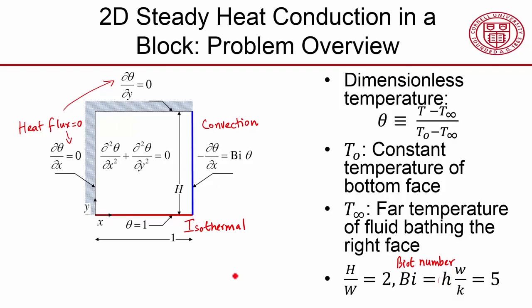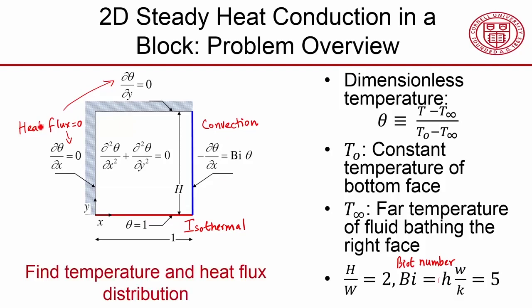And this problem shows you the three major boundary conditions you get in a conduction problem: isothermal, convection, and heat flux. So we'll find the temperature and heat flux distribution in the block using ANSYS. The solver will find the nodal temperatures using a procedure similar to what we saw in the big ideas in FEA.